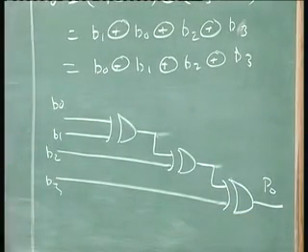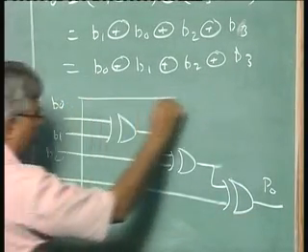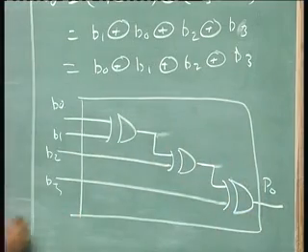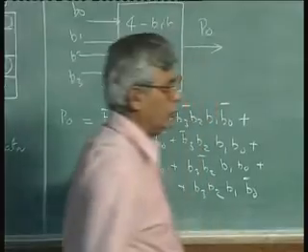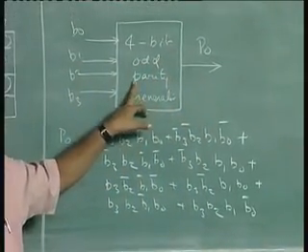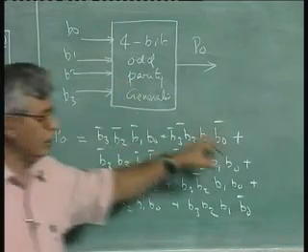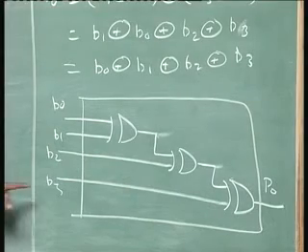So if I give 4 bits, this is my hardware, the logic that we had inside this box. The 4-bit odd parity generator here is nothing but 3 exclusive ORs counted this way.